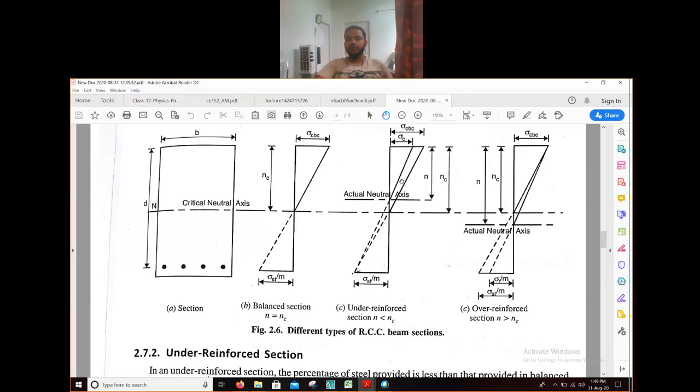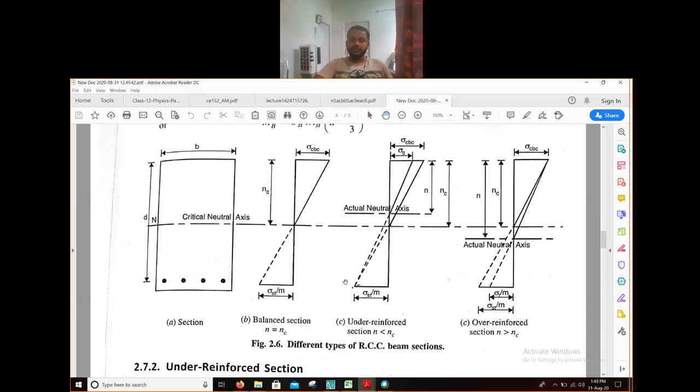If you are using M20 grade of concrete, sigma CBC value is 7, so when the stress in steel is 140, the value of sigma CBC will be less than 7. This line will indicate that.